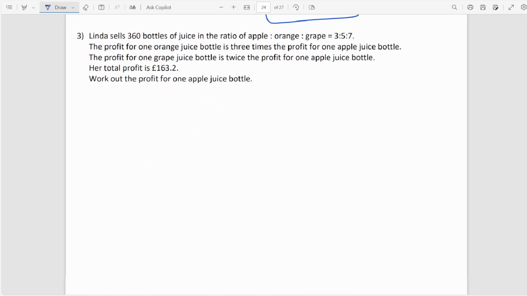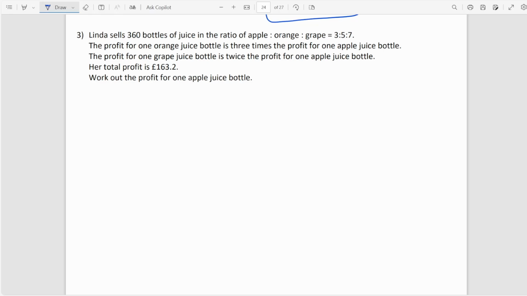Okay, question 3. Linda sells 360 bottles of juice in the ratio of apple to orange to grape, 3, 5, and 7. Okay, so I'm going to write this ratio down. We've got the apple, we've got the orange, and the grape, and 3, 5, and 7.